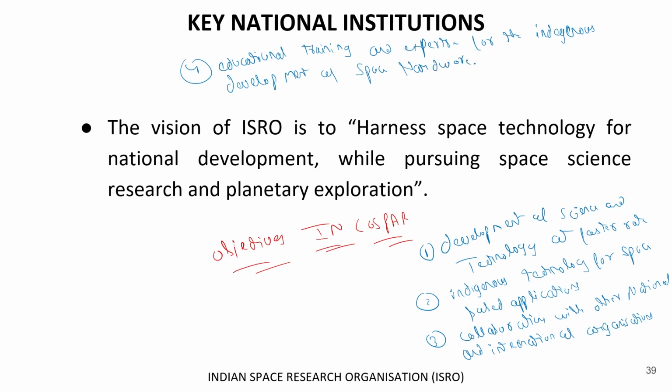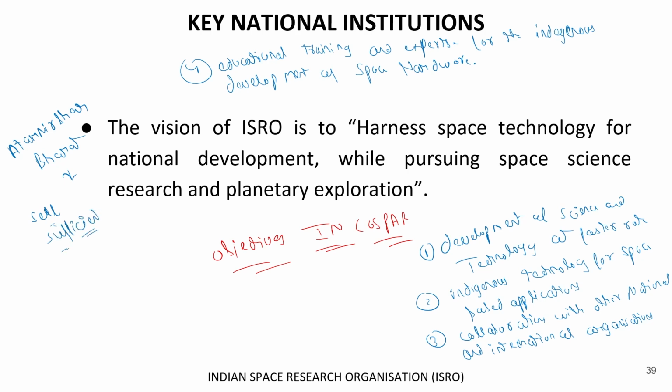So these were the main domains in which INCOSPAR was working. First, they promoted the development of science and technology at a faster rate so that the Indian space program could be paced up. Second, they focused on indigenous technology. Like now you are hearing Atmanirbhar Bharat, which means self-sufficiency.